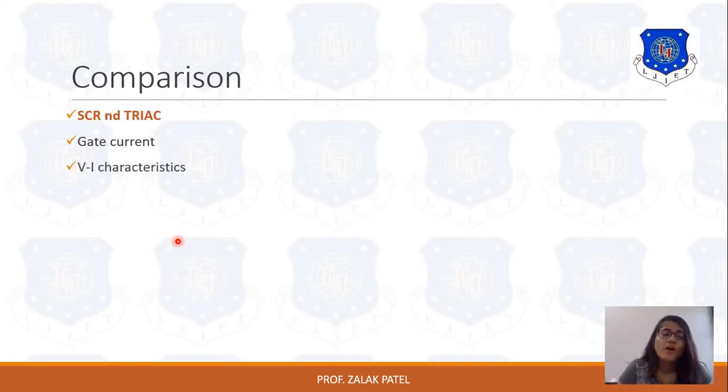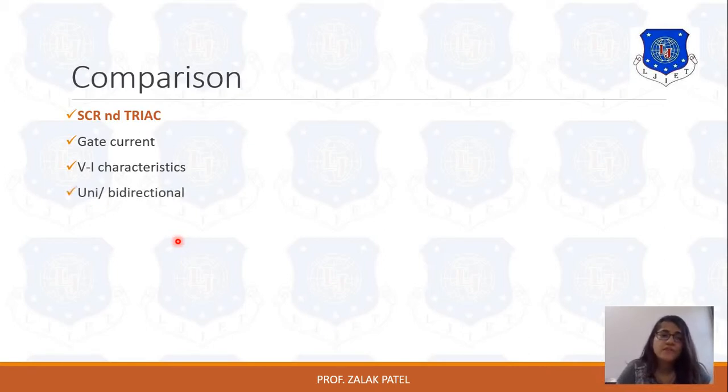Next is about VI characteristic. In case of SCR, the VI characteristic is only in one quadrant, means only the first quadrant has a VI characteristic, while in case of TRIAC, we discussed that TRIAC will operate in both the first quadrant and third quadrant.